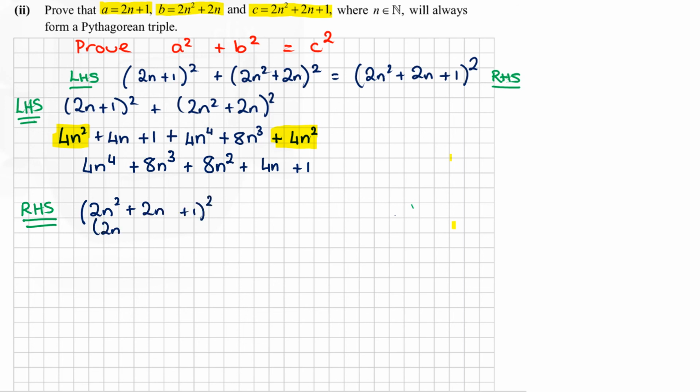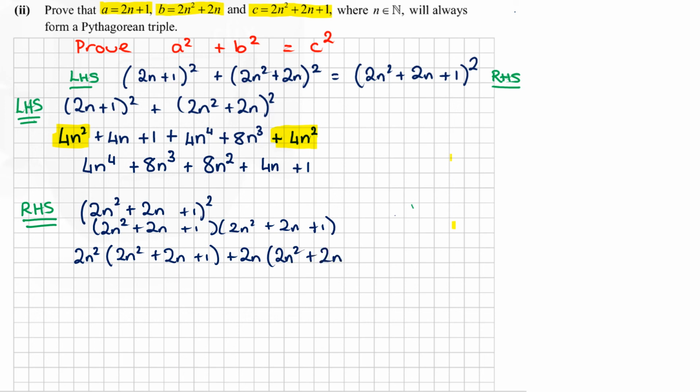So we're going to write the bracket out twice. 2n squared plus 2n plus 1 by 2n squared plus 2n plus 1. Separating that out, we get 2n squared by the second bracket, 2n squared plus 2n plus 1, plus 2n by the bracket, 2n squared plus 2n plus 1, and finally plus 1, 2n squared plus 2n plus 1.